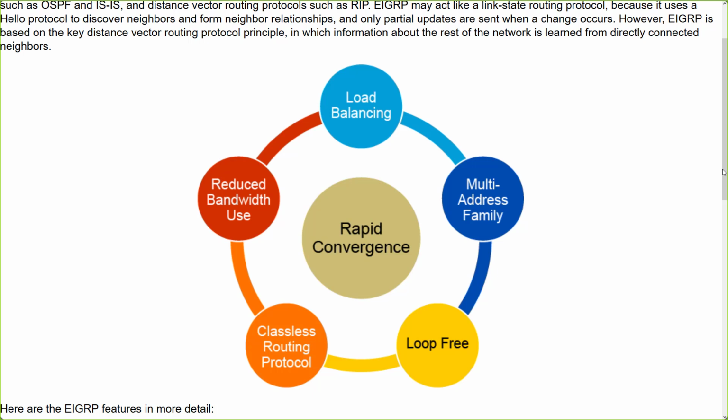Mathematically speaking, there's just no way that the alternate path could include my primary path. That is what they talk about, this loop-free topology.